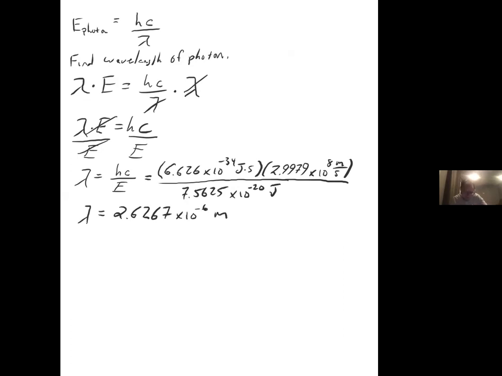Take a look at the units. Joules divided by joules, seconds divided by seconds, and so you're going to be left with meters. Wavelength should be in meters, frequency should be in 1/seconds, energy should be in joules. Okay, so now we have the wavelength in meters.